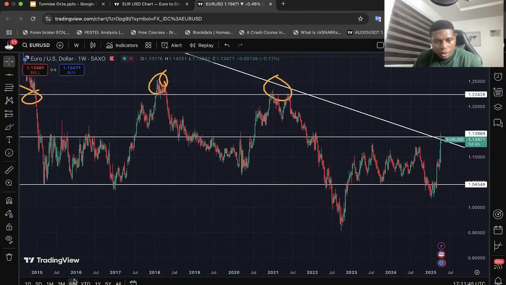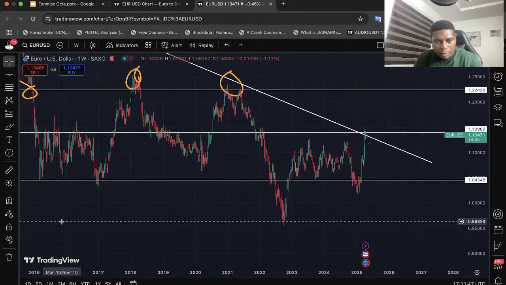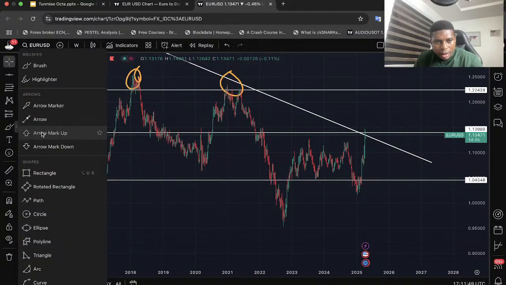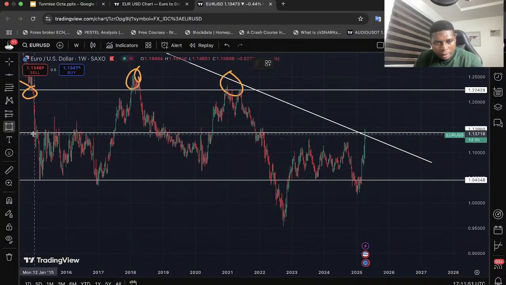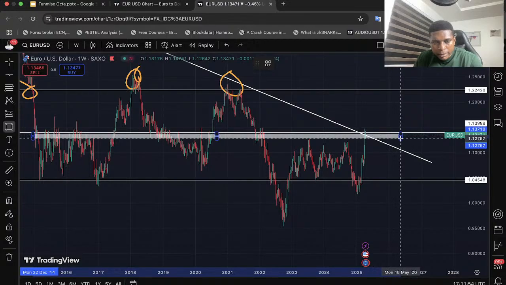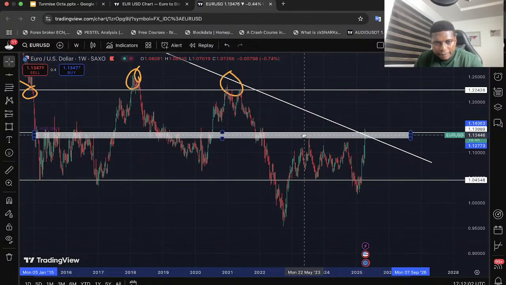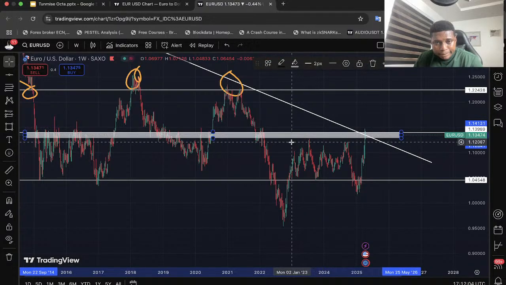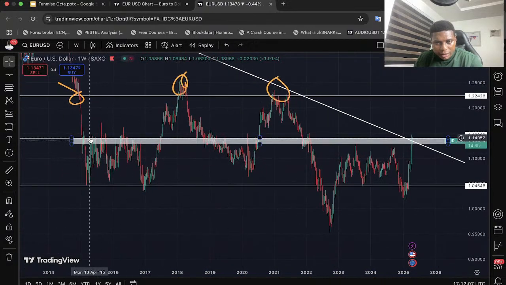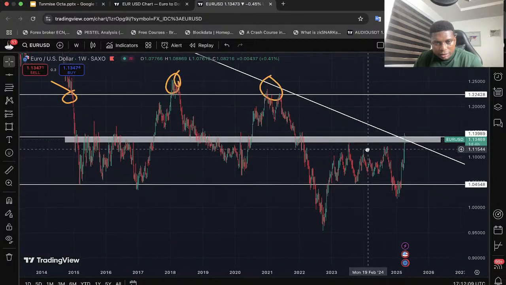So simply, we are looking at support and resistance at this level.